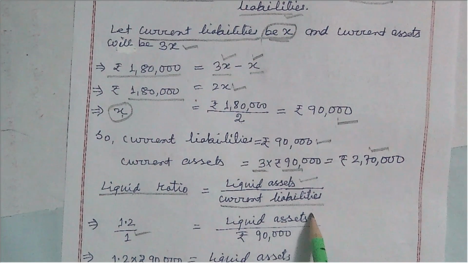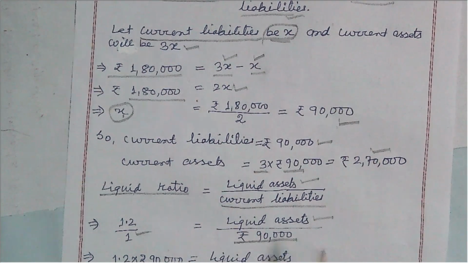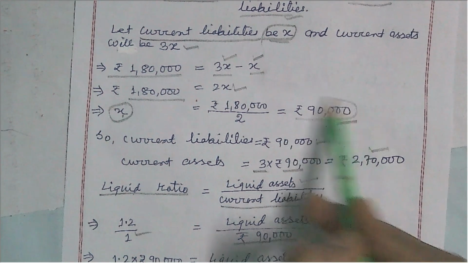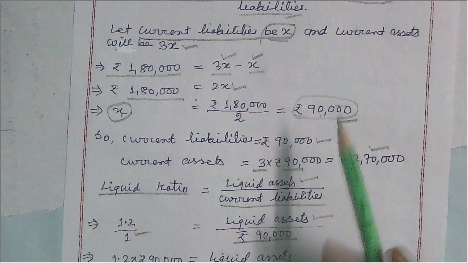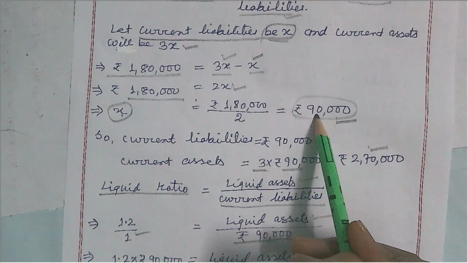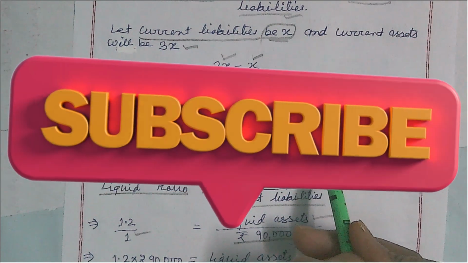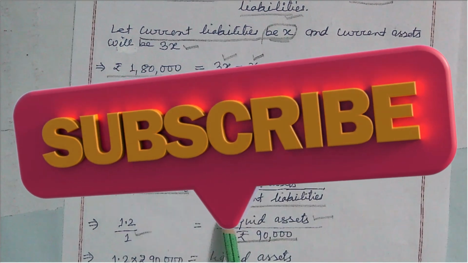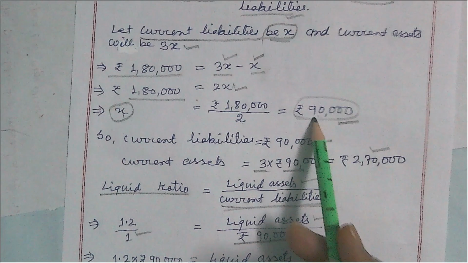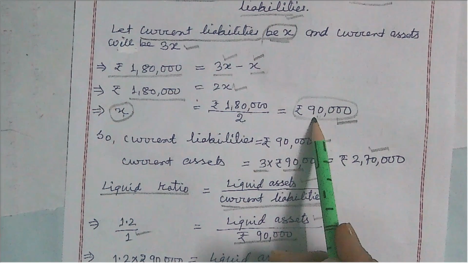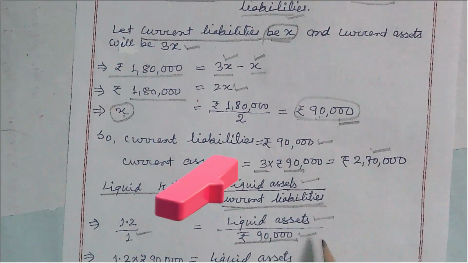And liquid assets are to be calculated. Current liabilities we have just calculated as rupees 90,000. Substitute the value of current liabilities, rupees 90,000.